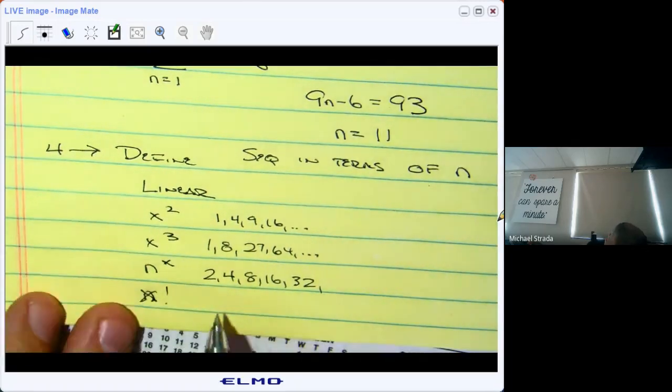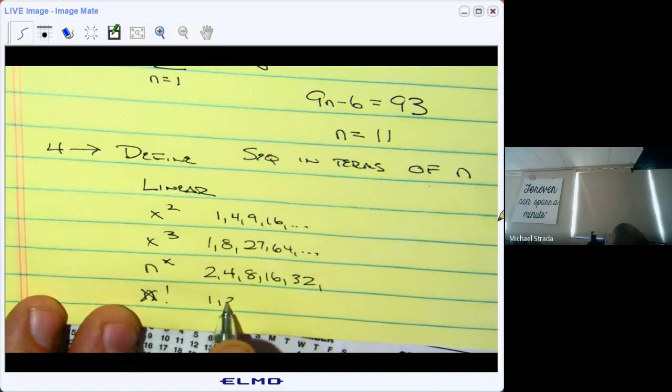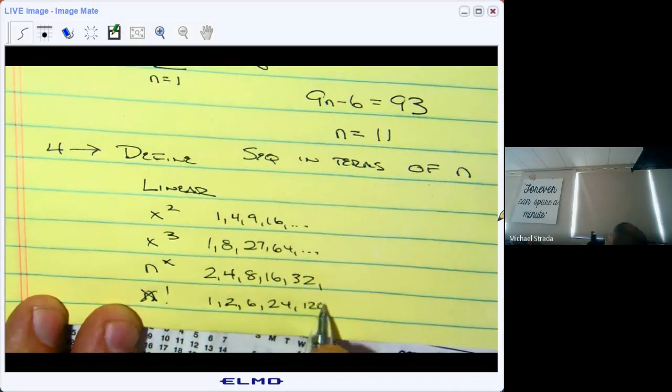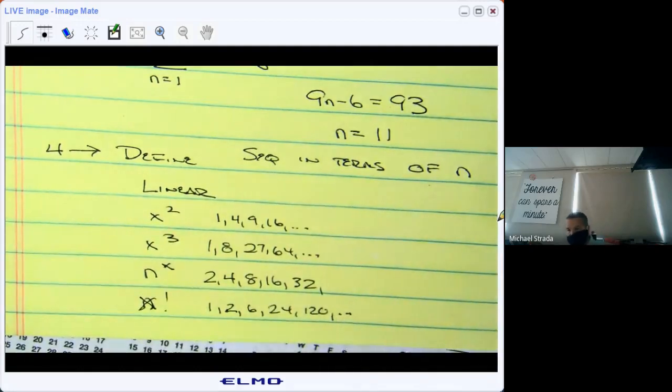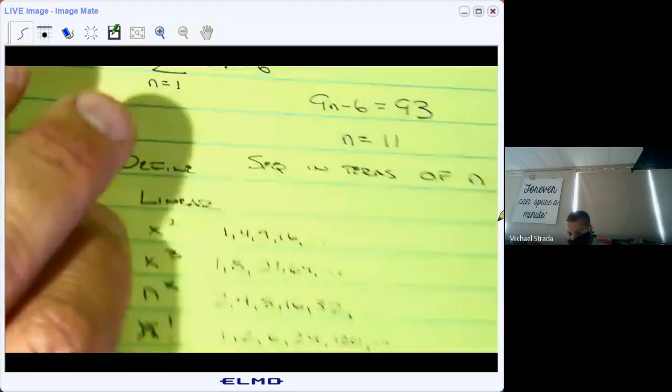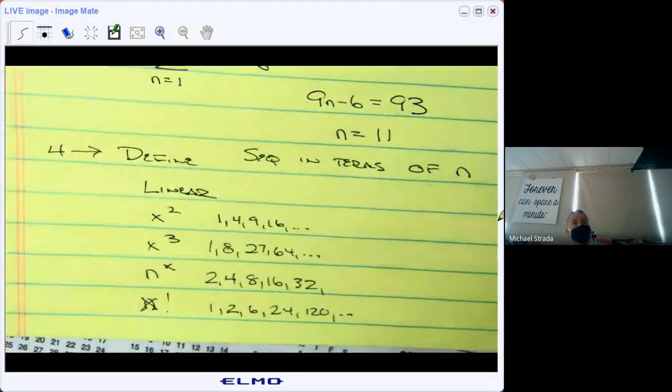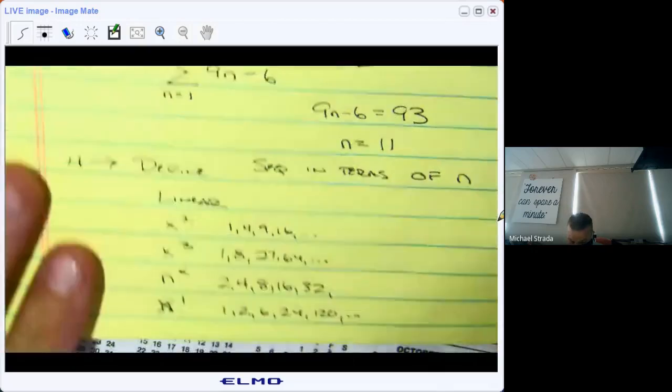And when it's factorial, it's being multiplied by the bigger number each time. So that's what you have to look for. So you got 4 like that. Good? So those are the ones you have to look for.